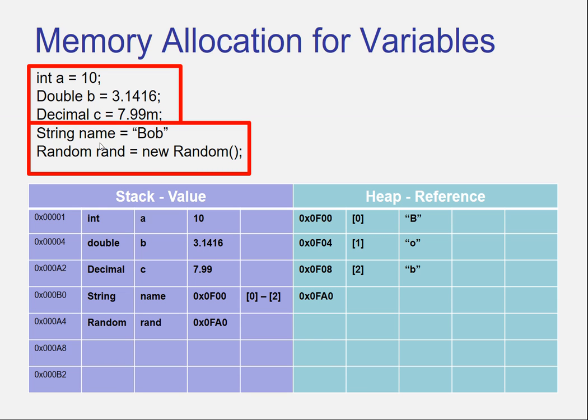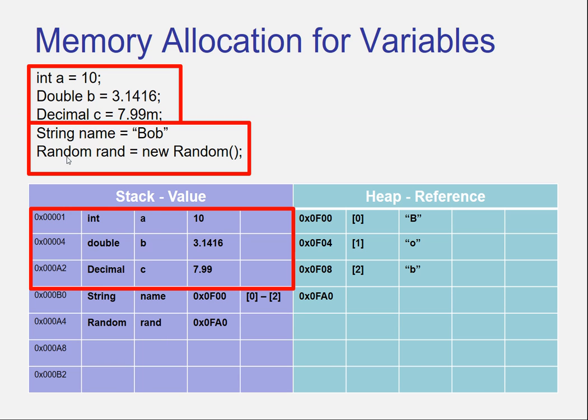Now, if you're going to set up a reference type, for example, like a string name, and you're going to assign, let's say, Bob, or a random generator, those are stored up onto the heap. So here, for example, is a string called name, and it's actually pointing and referencing. So this right here is where the reference comes in.